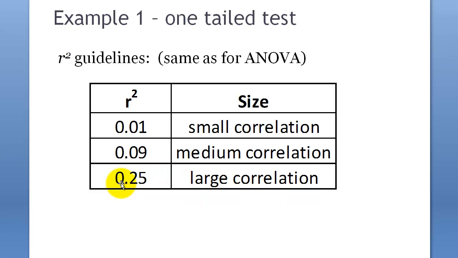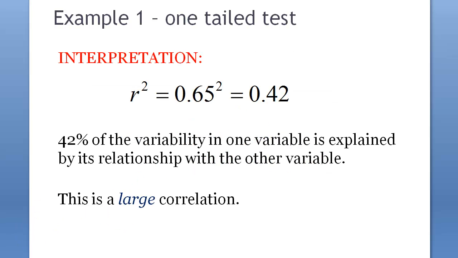And a large correlation is anything 0.25 and above. So in our example, it was a large correlation. So we get this number, 42%.